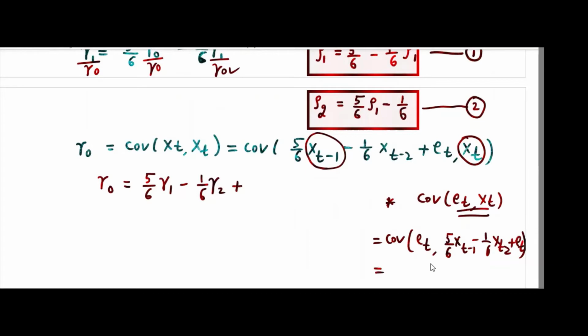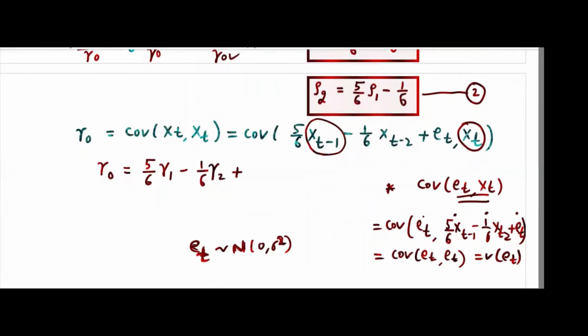If you see this, there is no link between this one and this one, but you will get something from here, covariance of et and et, that is variance of et. And remember here the assumption is et is always normal, 0, sigma square. These are IID, with mean 0 and constant variance sigma square. With this assumption we are doing everything.